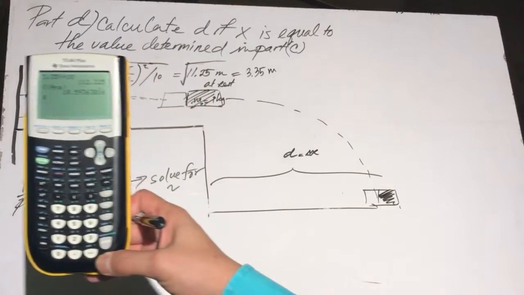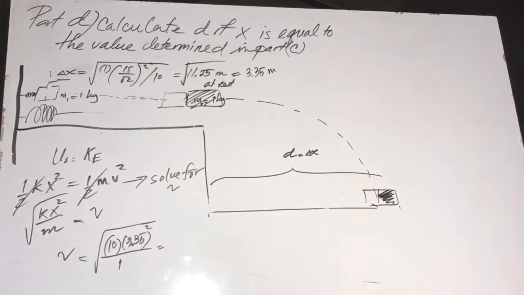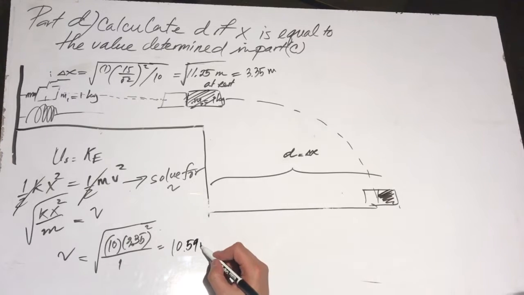The answer makes it this much. So I'm just going to say it's 10.959 meters per second, and that's the initial velocity.